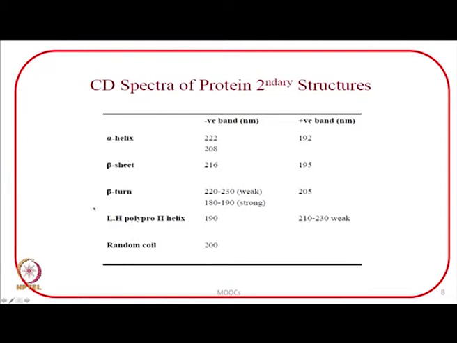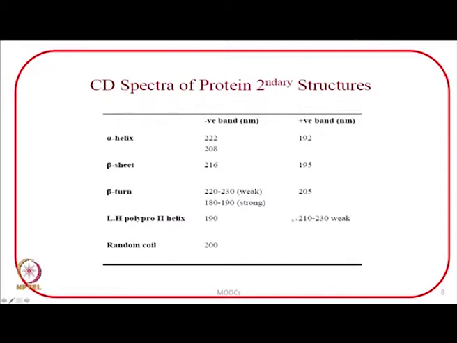Beta turn is accompanied by a weak negative band in the range 220 to 230 nanometer, a strong negative band in 180 to 190 nanometer and a positive band at 205 nanometer. Similarly, a random coil will show a negative band at 200 nanometer.